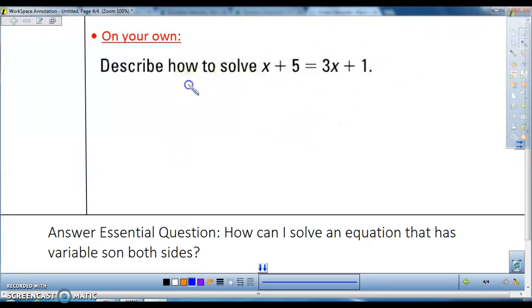Okay, the first step to solve this problem is to check to see if there's any parentheses. There is no parentheses. The second step, I want to see sentences on your paper, okay?